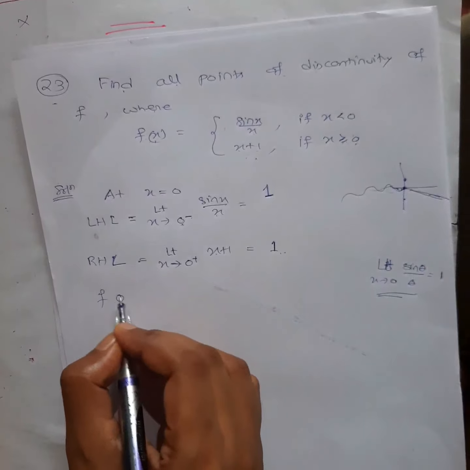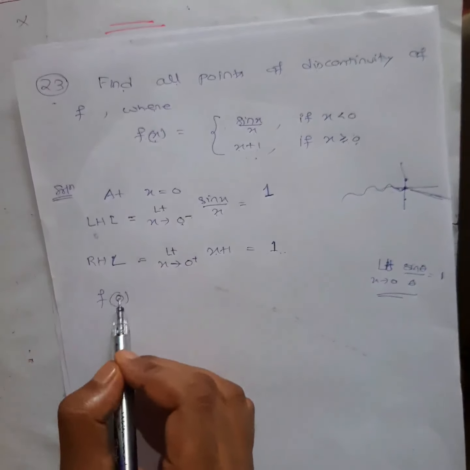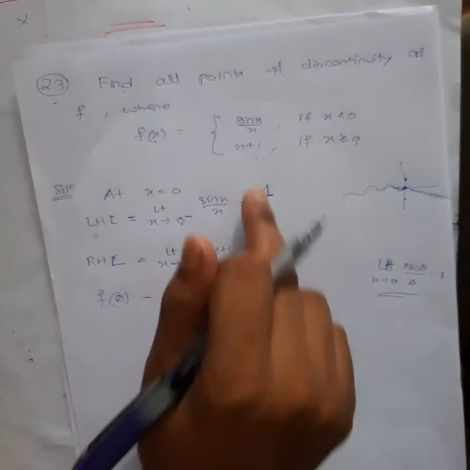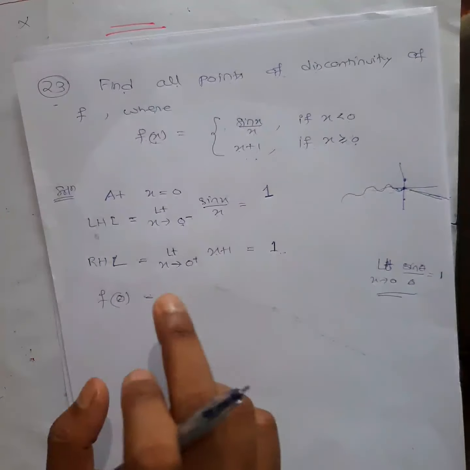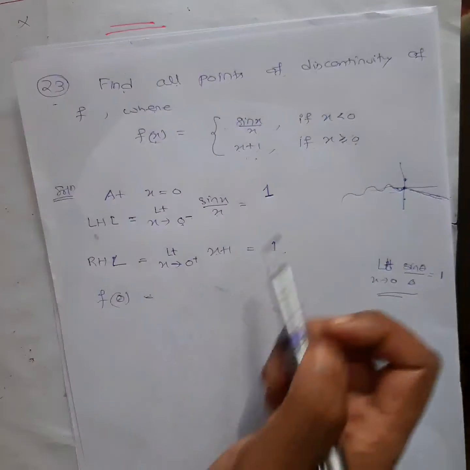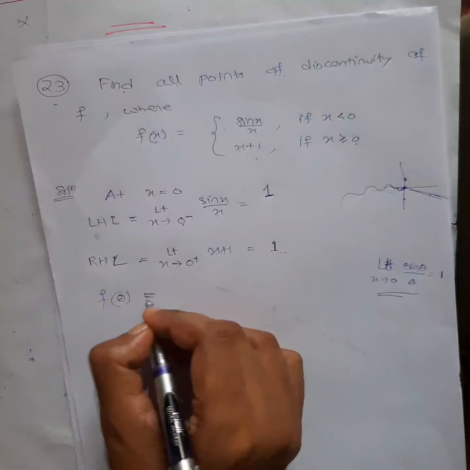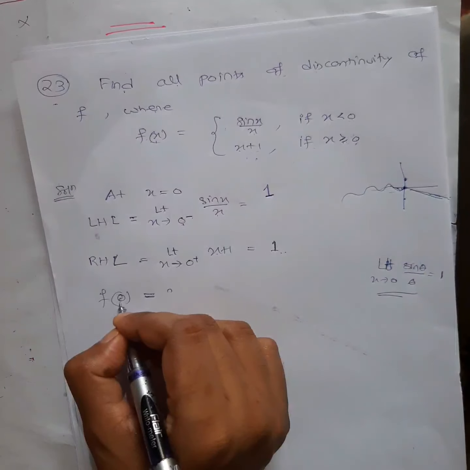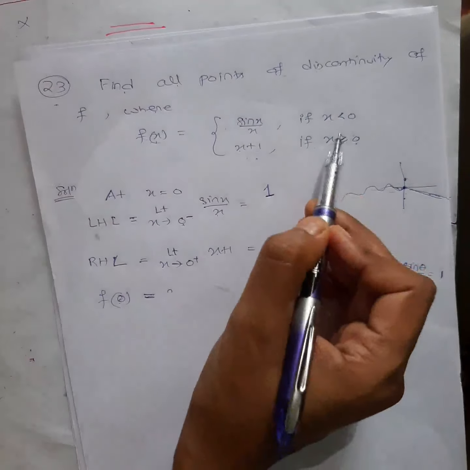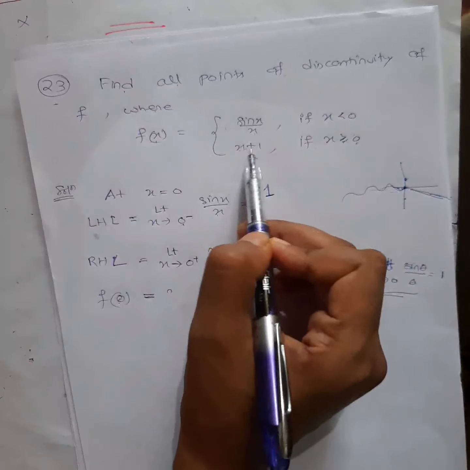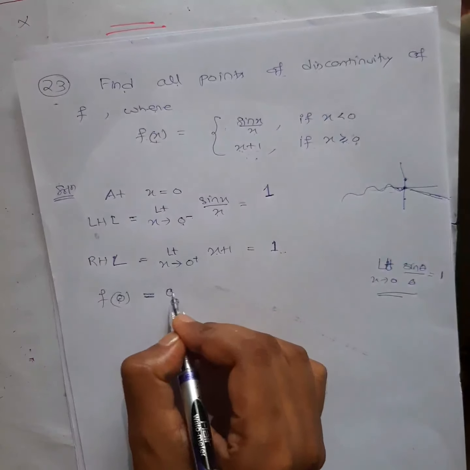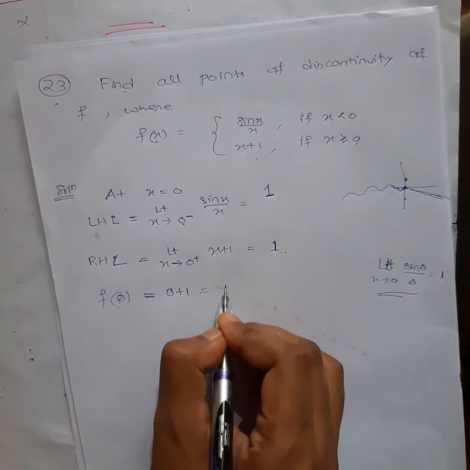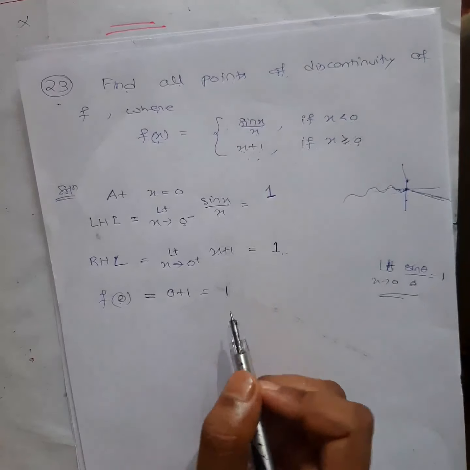So let's find out f of 0 now. If this is also the same, then left hand limit, right hand limit and f of 0 being the same means f will be continuous at 0 also. At x equal to 0, this is the function x plus 1, so in place of x, 0 plus 1, which is equal to 1. Very simple question, right?